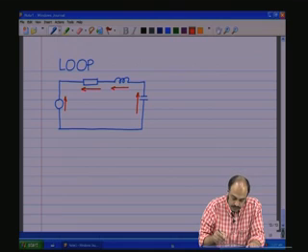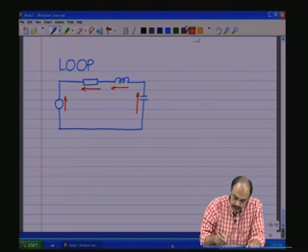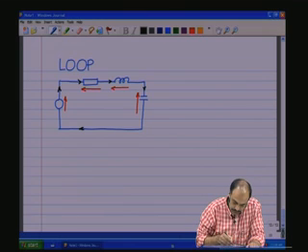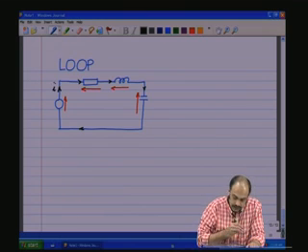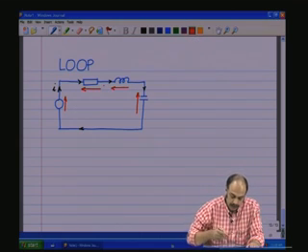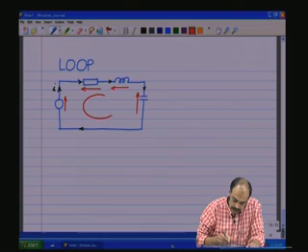And also to be noted that they all share the same current. The current that they share is the same, and only the voltages are different, but the voltages are meeting in this loop here.